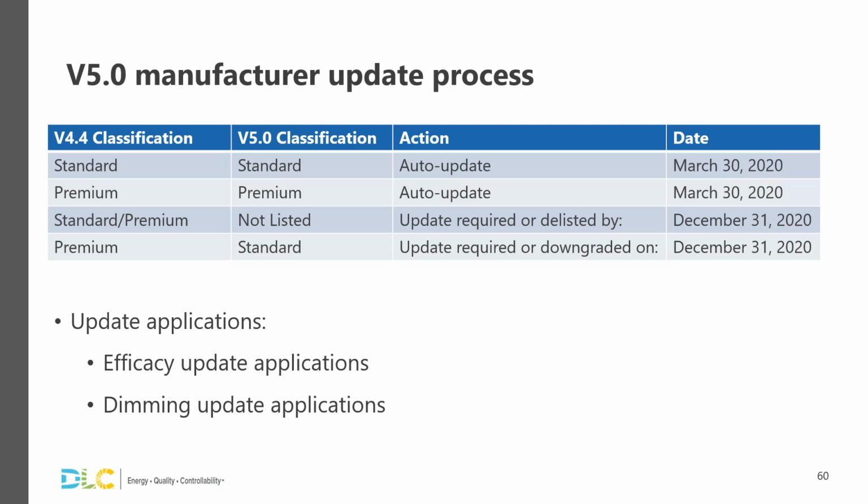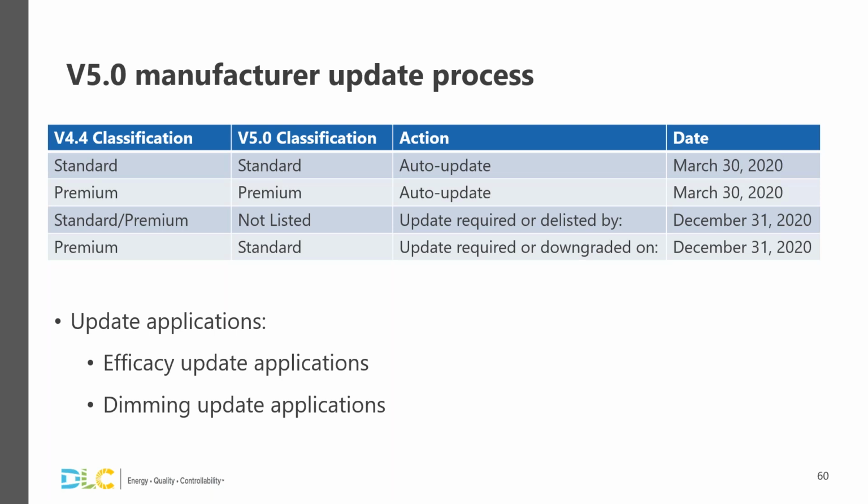If you are a version 4.4 premium product and you do not meet the version 5.0 premium requirements, but do meet the version 5.0 standard, you will be automatically downgraded to that 5.0 standard as of December 31st of 2020.